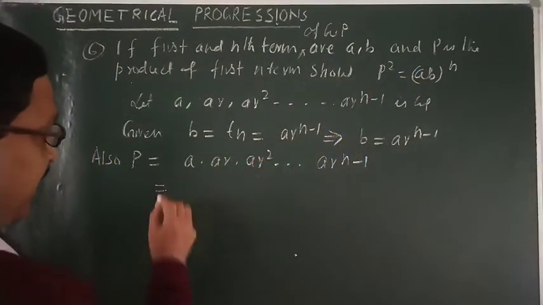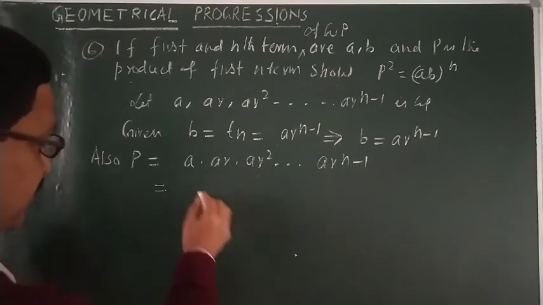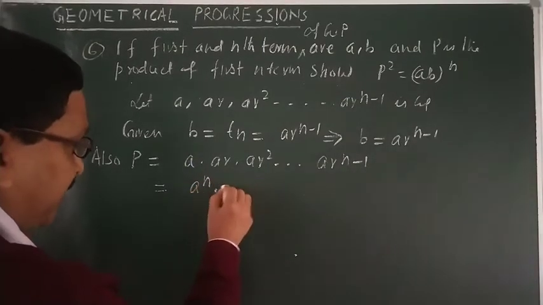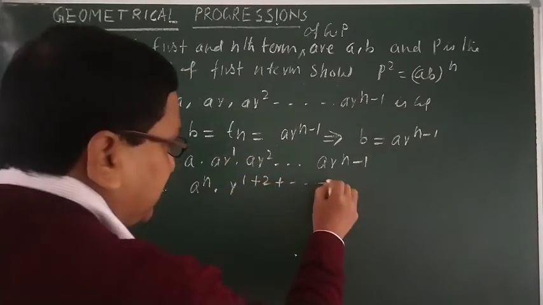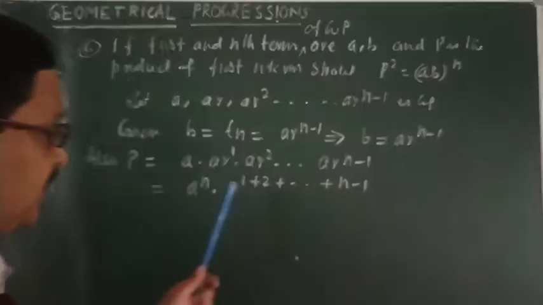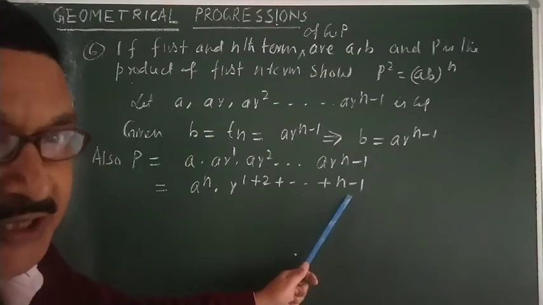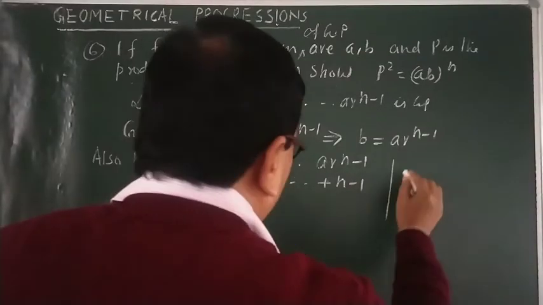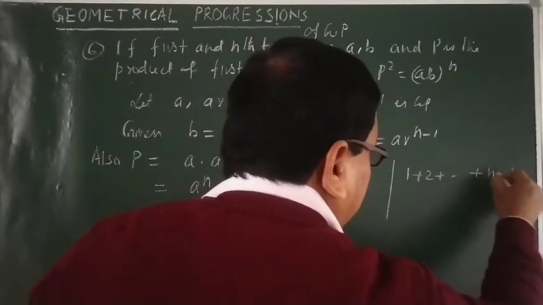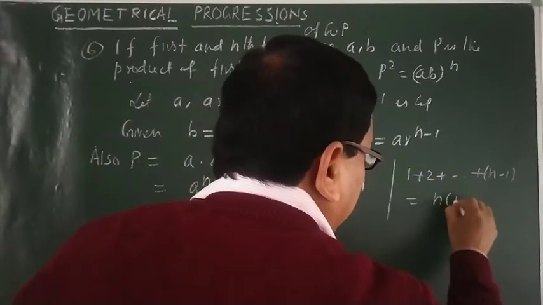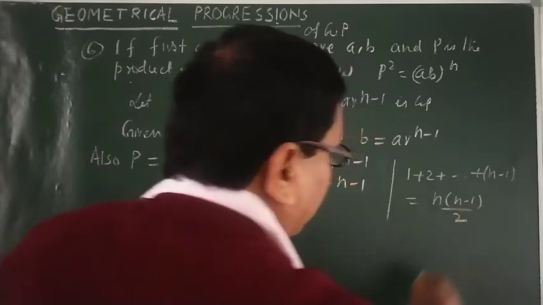Now just multiply, n terms are there, so A to the power n. After that R to the power 1 plus 2 plus up to n minus 1. This is in AP, arithmetic progression. And you must be knowing that 1 plus 2 plus up to n minus 1 is equal to n into n minus 1 by 2.